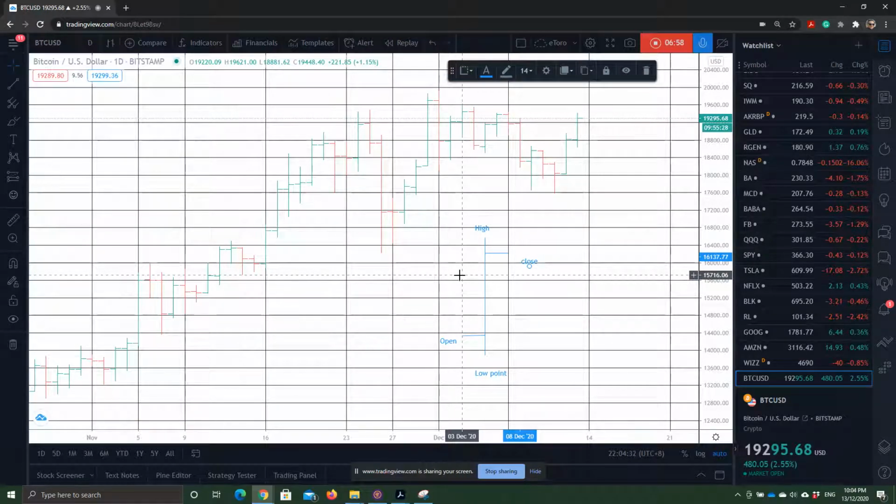The fluctuation in bar size is because of the way each bar is constructed. The vertical height of the bar reflects the range between the high and the low price. So the bigger the body of the bar, the more fluctuation we have.